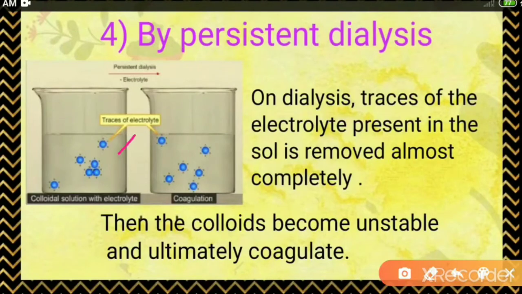As shown in this figure, a small amount of electrolyte is present in a colloidal solution, and the stability of the colloidal solution is due to the presence of traces of electrolyte. So if we remove the electrolyte completely from the colloidal solution by means of dialysis, it is observed that the remaining particles will coagulate. That is called persistent dialysis.